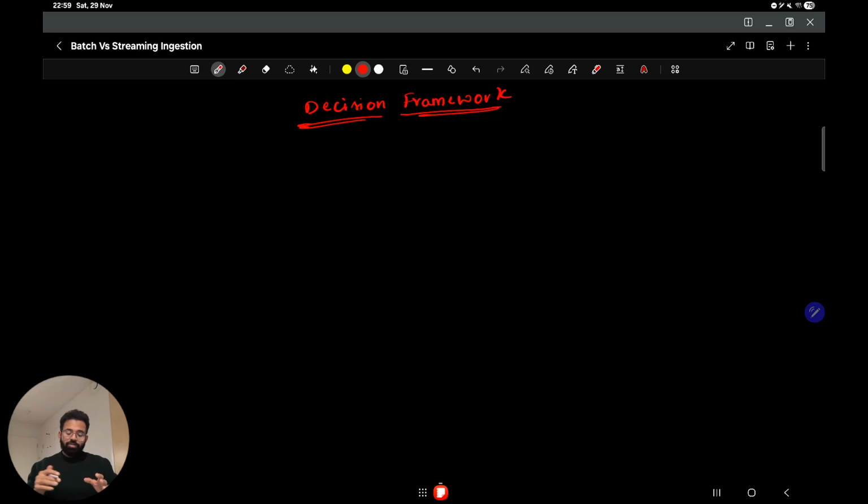You should have this checklist somewhere, maybe even in Notepad, wherever you want to keep your decision framework. And you should go through it before picking any kind of ingestion. I hope it will be at least a little bit obvious in picking between either of these two.